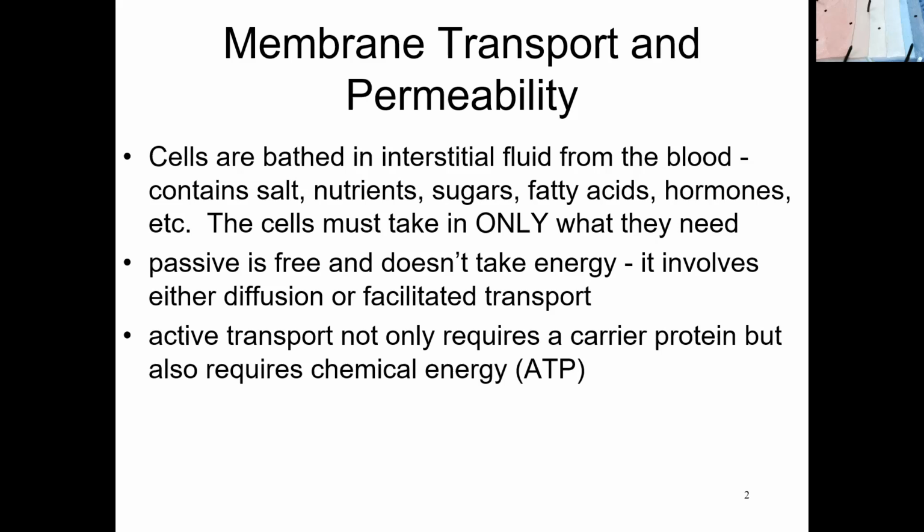Cells don't like to spend energy. So if you're a cell and you need more salt, for example, and there's salt outside, you'll find a way to get it in. If you have too much water, you'll find a way to get rid of it. It doesn't cost you anything. The process that we use is called diffusion.